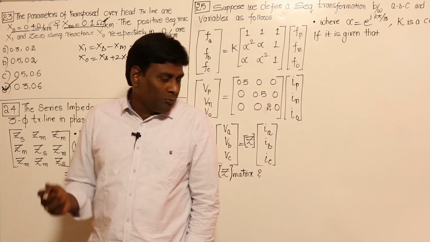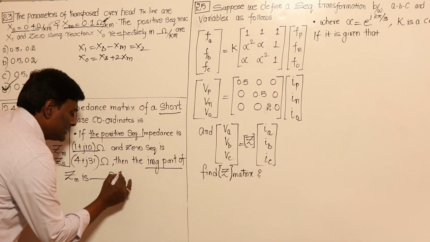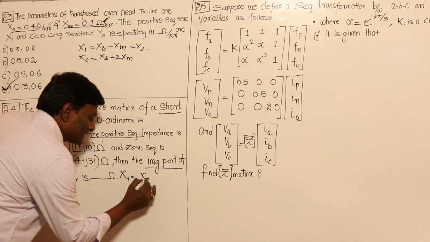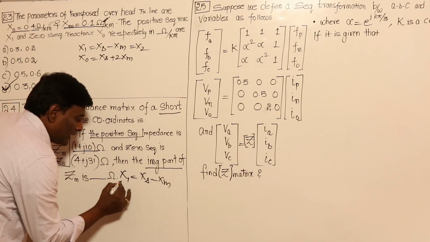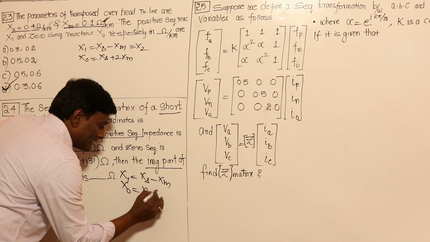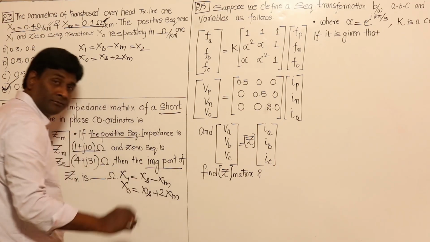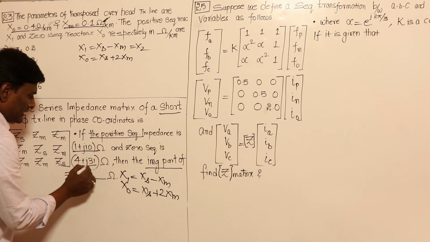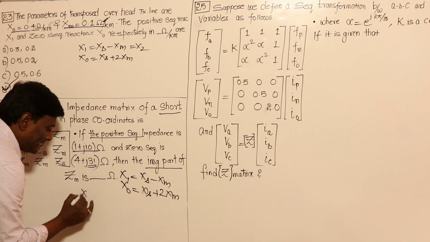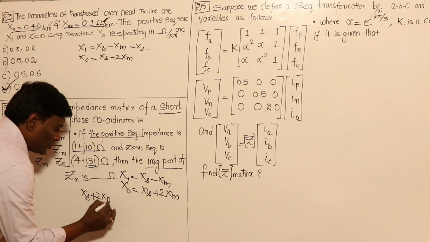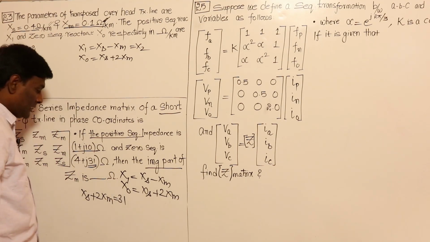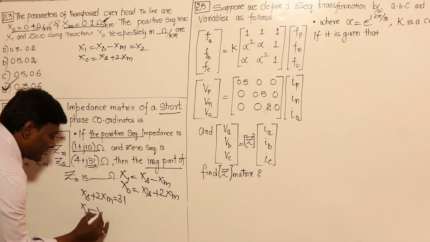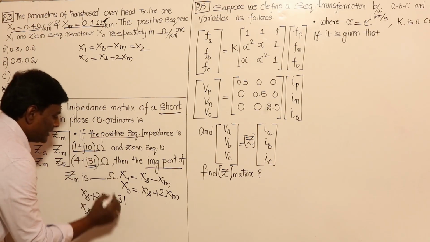So what is positive sequence? Positive sequence is going to be XS minus XM and zero sequence is going to be XS plus 2XM. So what are X1, X0 here? X0 is 31, so XS plus 2XM is going to be 31 and XS minus XM is going to be 10.